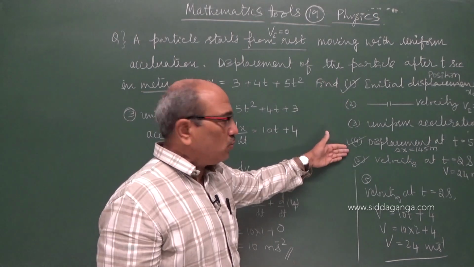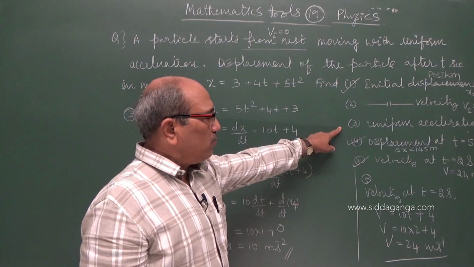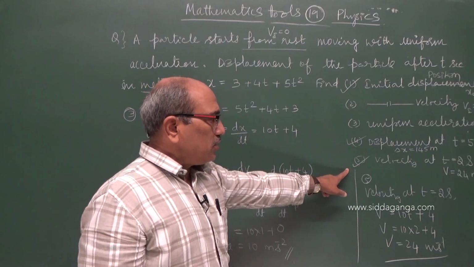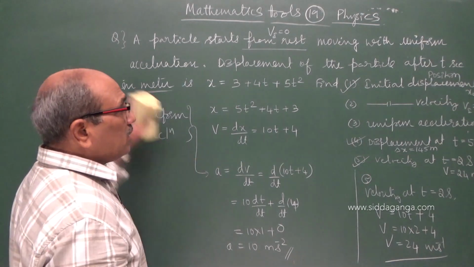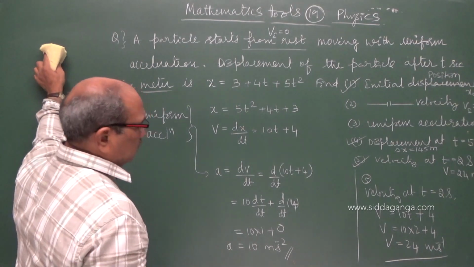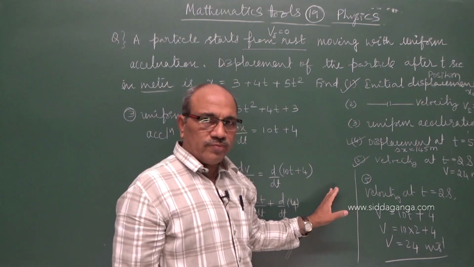The difference of the two gives you the displacement of the particle, then uniform acceleration, velocity at t equal to 2 seconds. So in a question, these are the possibilities I mentioned.